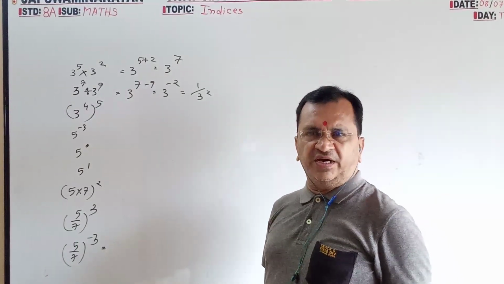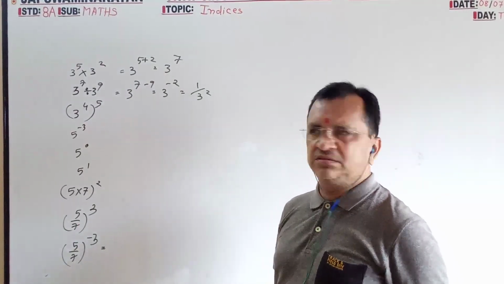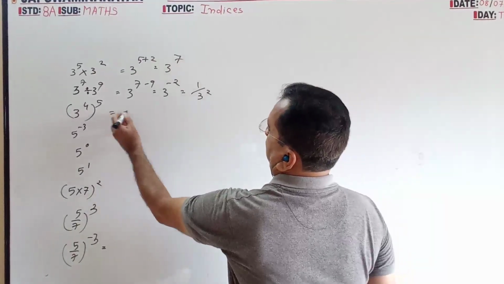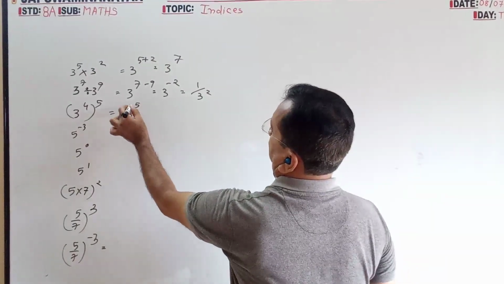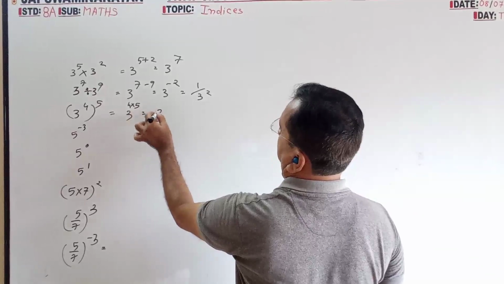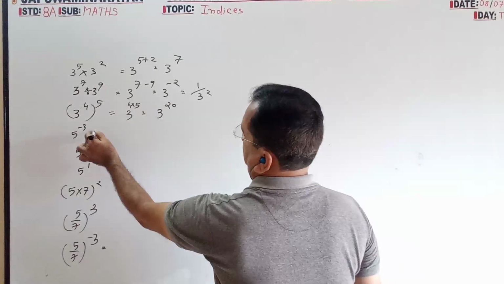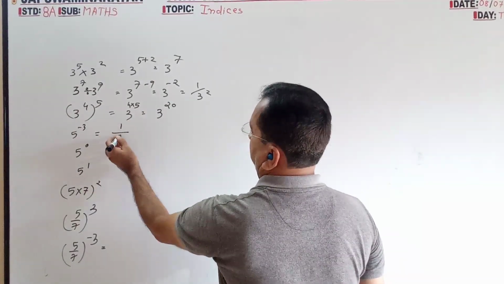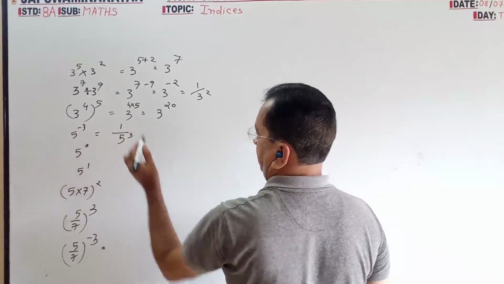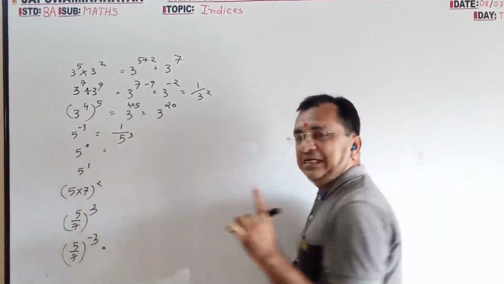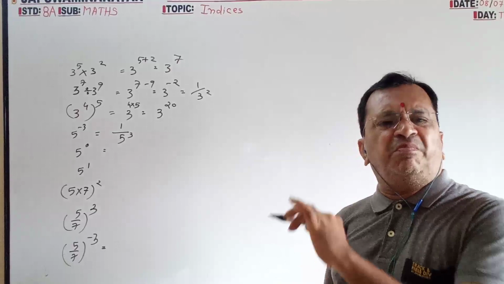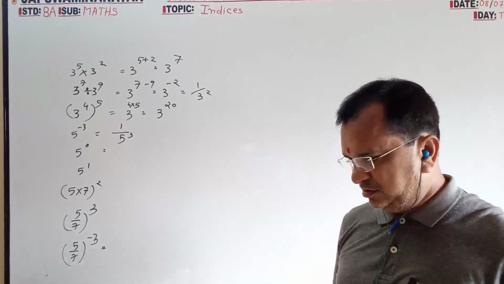In the same, we are using the 2 formula. Now 3 raised to 4, raised to 5, it is 3 raised to 20. It is negative, so positive, like this. Power 0, don't blindly write 1.